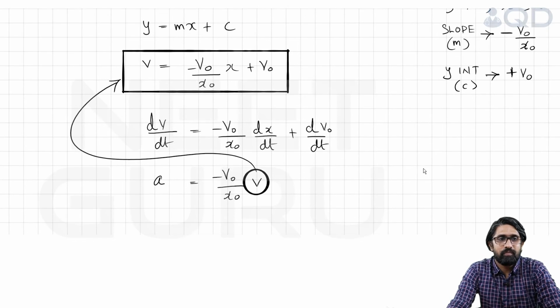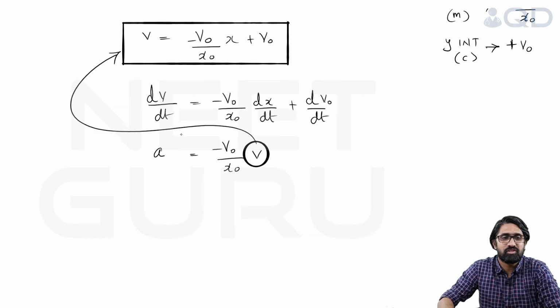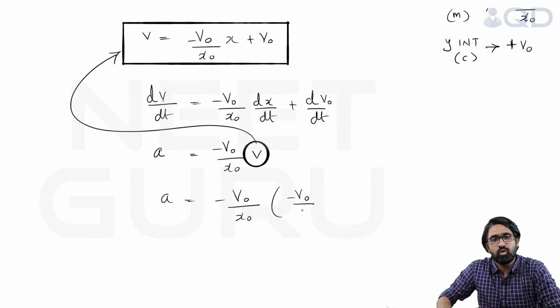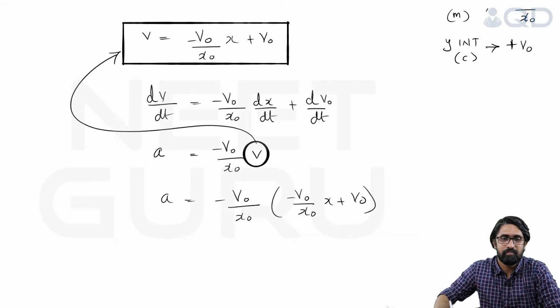And this v here is something that we've already figured out. So with the help of that, we can expand this equation here as a is equal to minus v0 by x0 multiplied with minus v0 by x0 x plus v0 in the place of v.